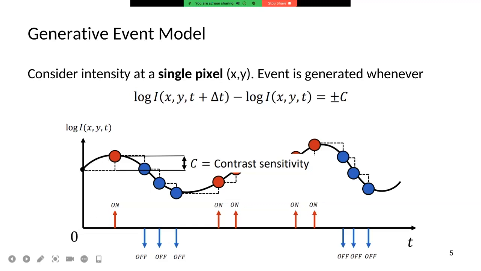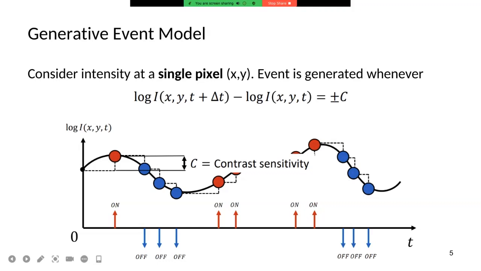Let's look at this continuous signal of intensity over time. The first event that is triggered is an on event, so its polarity is positive. And then you have 3 subsequent events which are negative because the negative threshold has been reached 3 times. And again, if the intensity signal increases, you get positive events and negative events and so on and so forth.